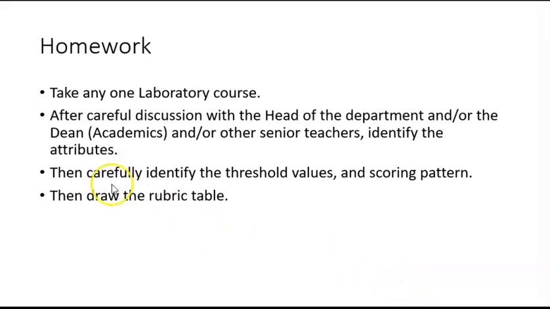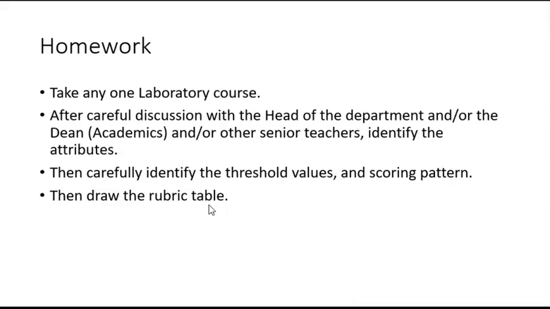After you do all this, it's a homework. Consider any one laboratory course that you are trying to make a rubric for. After careful discussion with the head of the department and/or dean academics or senior teacher, identify the attributes, carefully find out what are the threshold values and scoring patterns, then draw the rubric table.